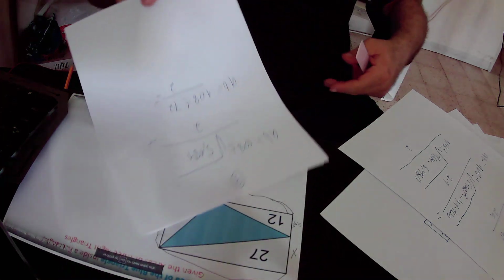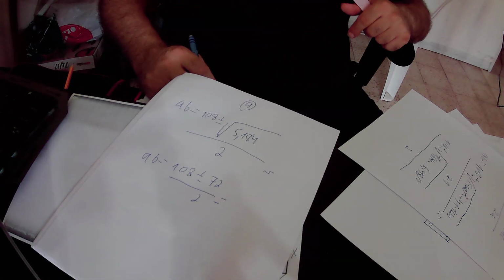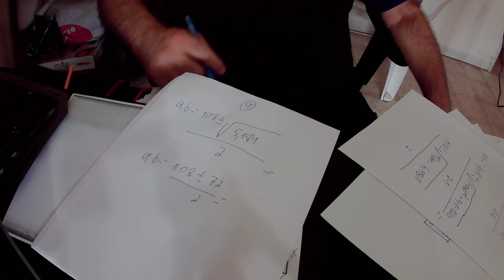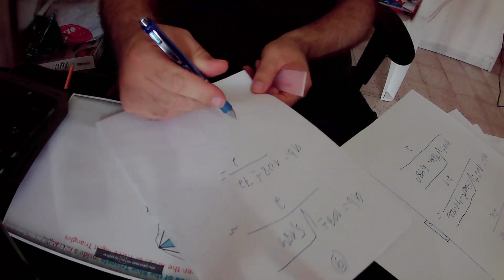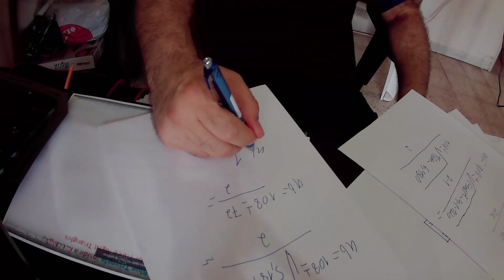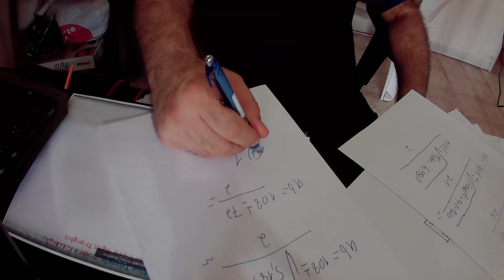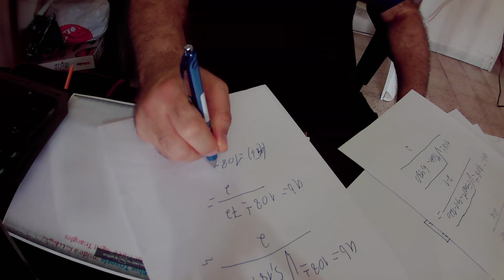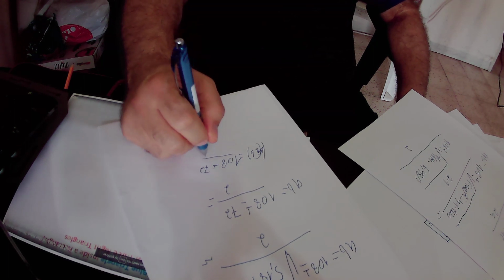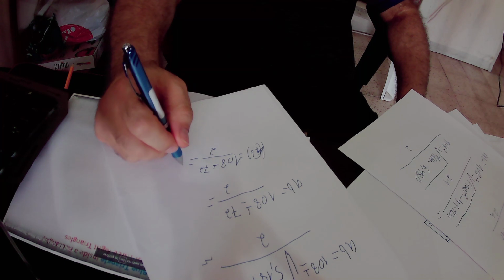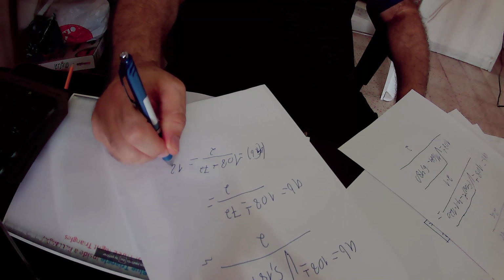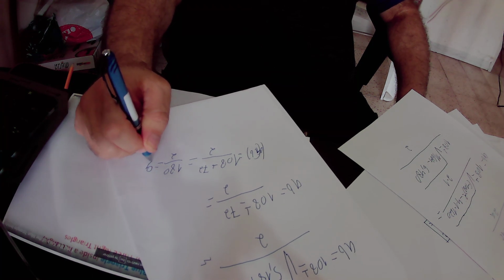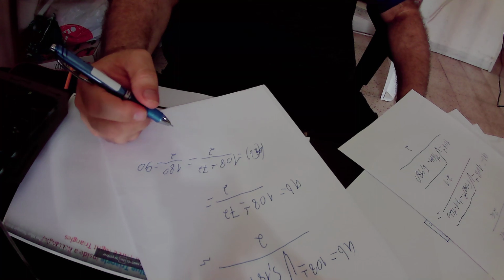So we will have here two answers. 108 plus 72 divided by 2. 108 plus 72 is 180, and when we divide it by 2 we will get 90.